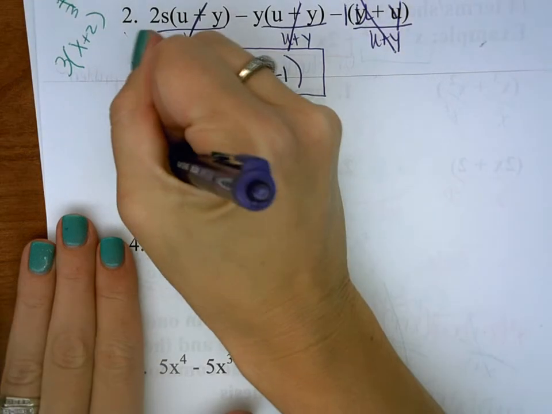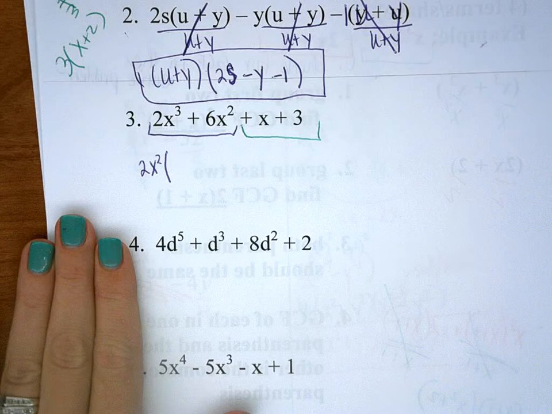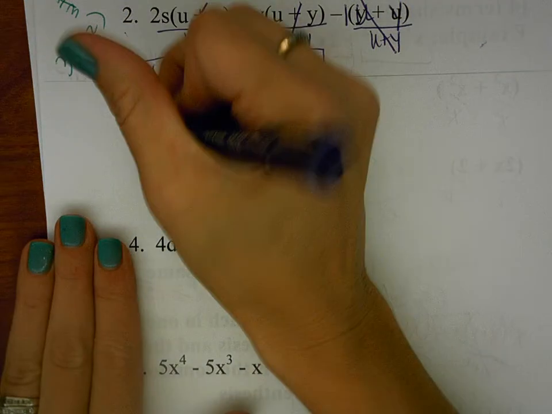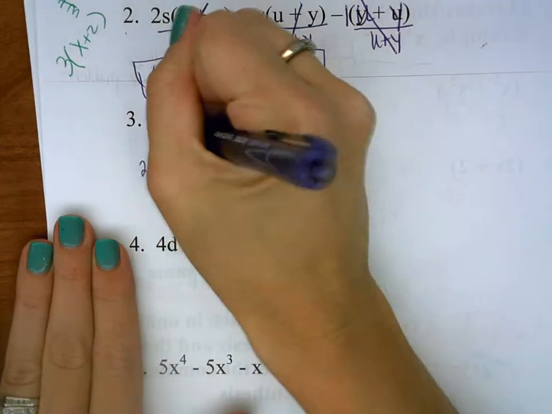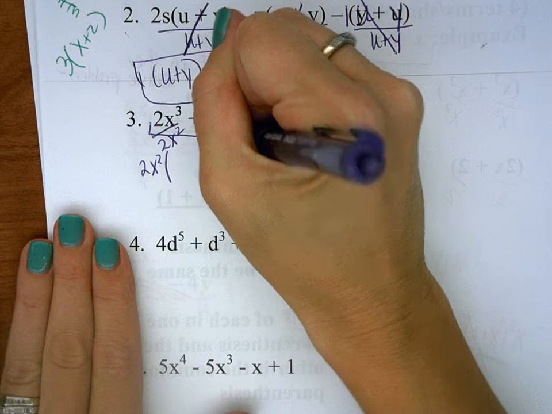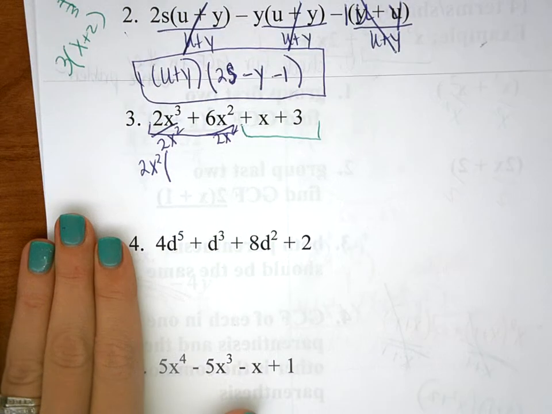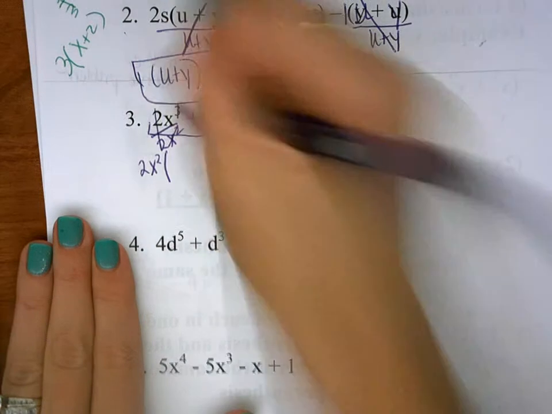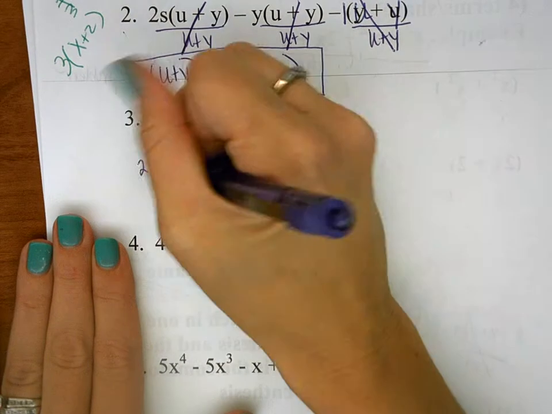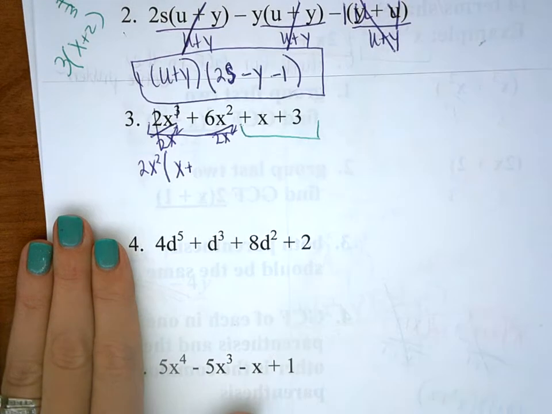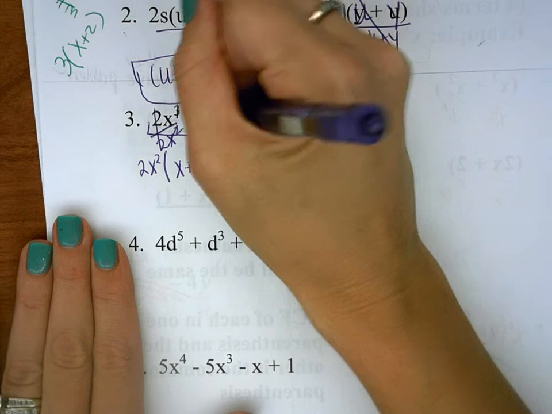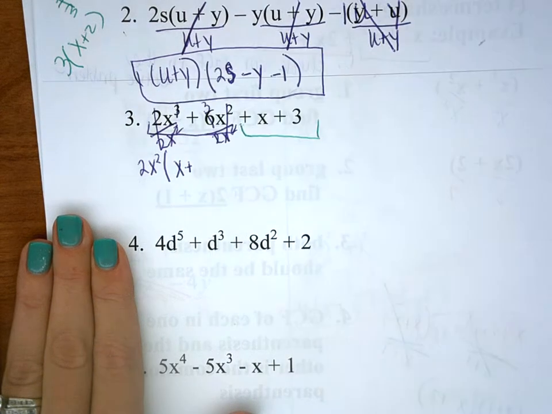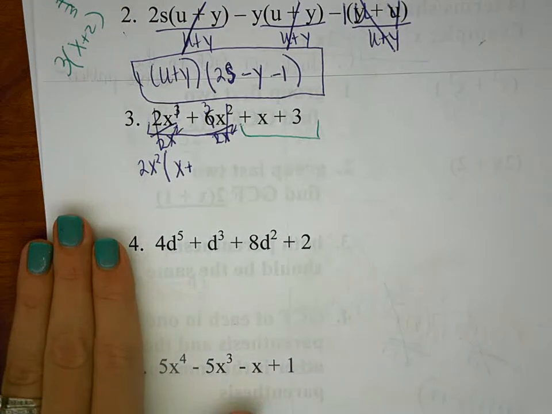So I'm writing 2x squared and I make my parenthesis. Then we're dividing each of these terms by 2x squared. On the first one, the 2's cancel out, x squared cancels, and I'm left with x. Plus, on the next term, the 2 goes into 6 3 times, the x squareds cancel, so I'm just left with 3.